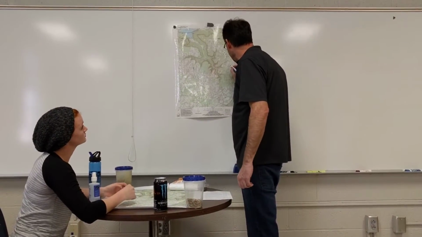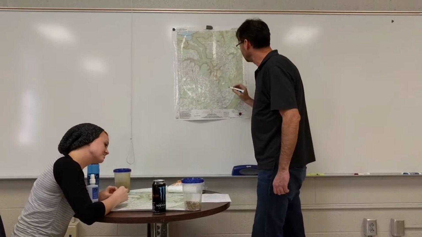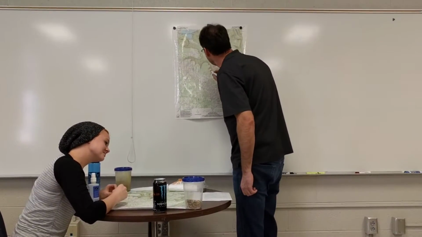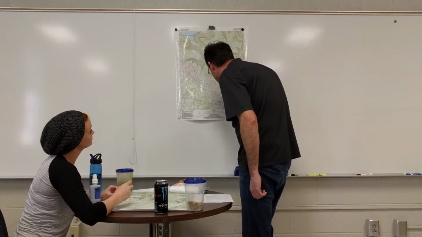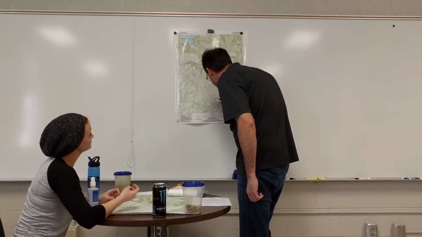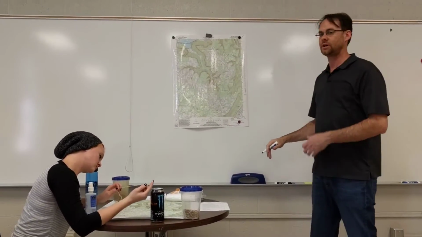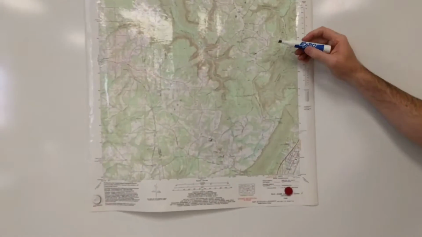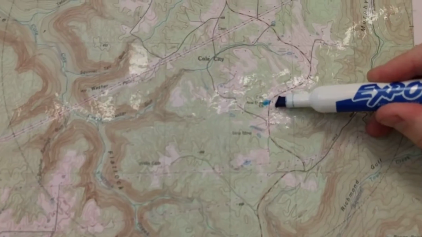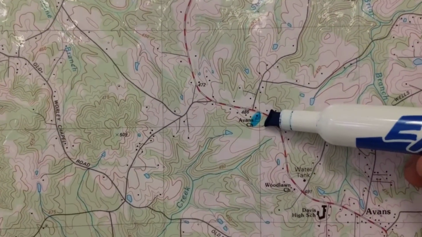Let's pick the New Unity Church, and let's pick the Avens Church. Okay, so if I could get the camera to come up and take a quick look at where these 2 locations are. We have the New Unity Church here, and we have the Avens Church here.